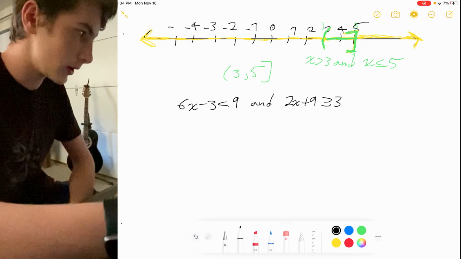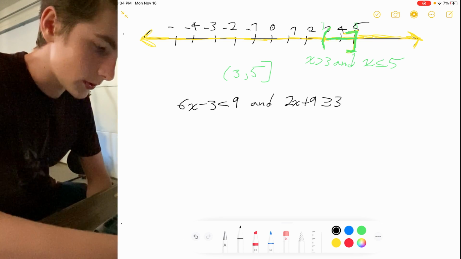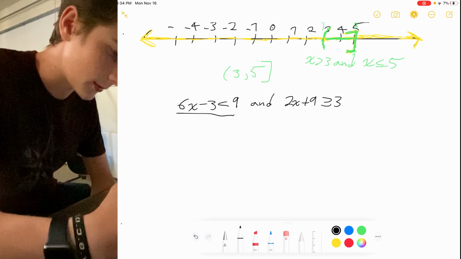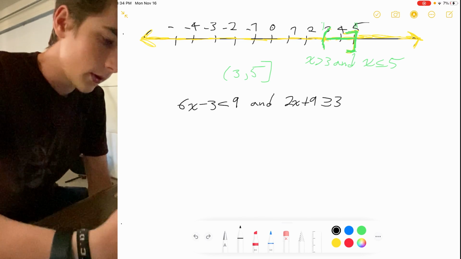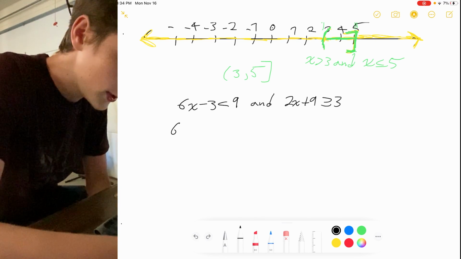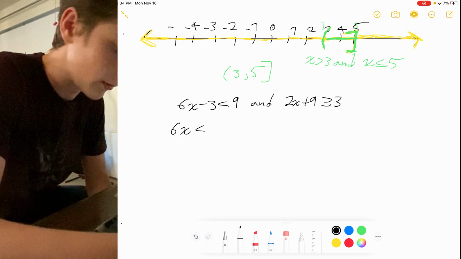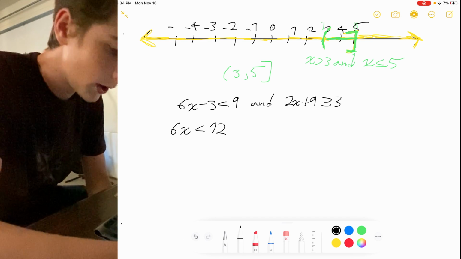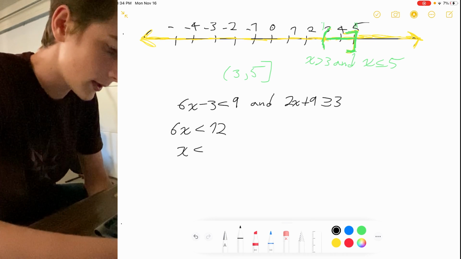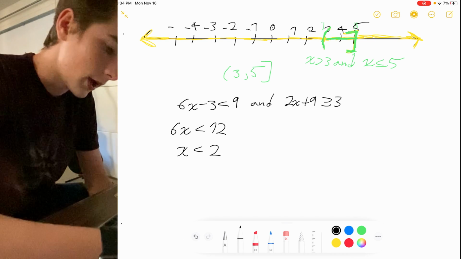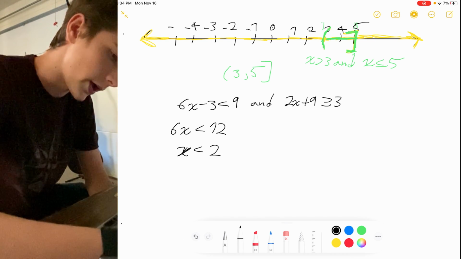So basically, we'll start with this left one here, right? 6x minus 3 is less than 9. We're going to add 3 to both sides, so 6x is less than 9 plus 3 is 12. Divide by 6 on both sides, so x is less than 12 over 6 is 2. So that is the solution to that one, right?